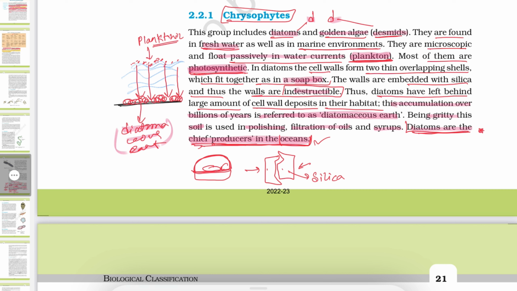They are found in freshwater as well as marine water. They are planktonic. They are photosynthetic, thereby they are the chief producers of the oceans. Their cell walls fit like a soap box, and have silica deposited, so they are indestructible. They leave behind a large amount of cell wall that deposits in their habitat to form diatomaceous earth, which is used in polishing and filtration of oils and syrups.